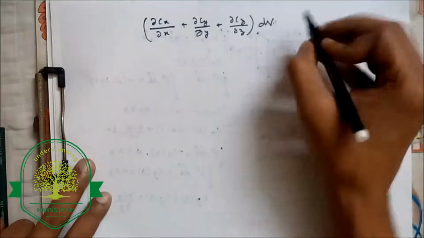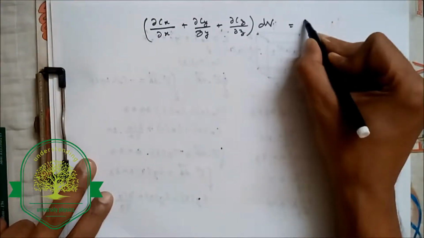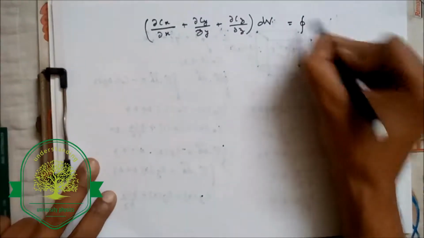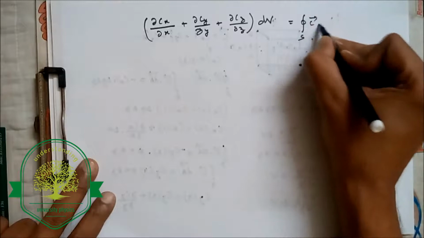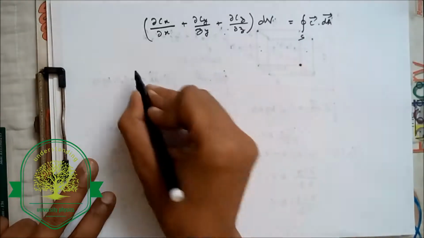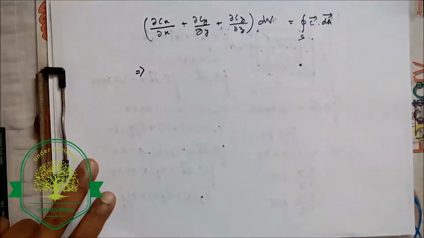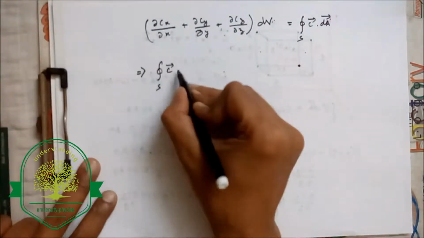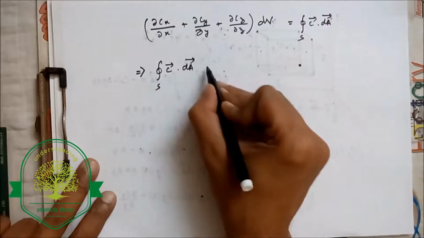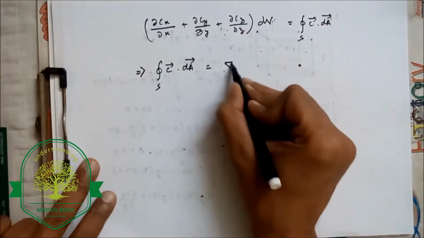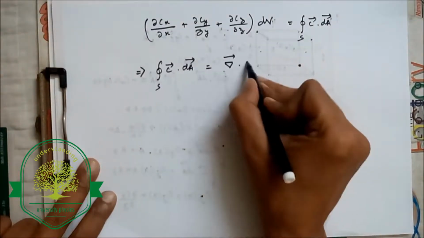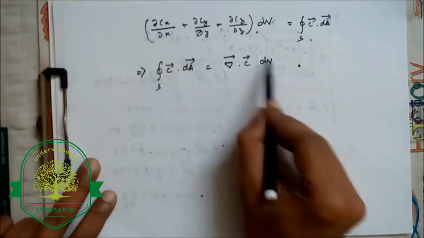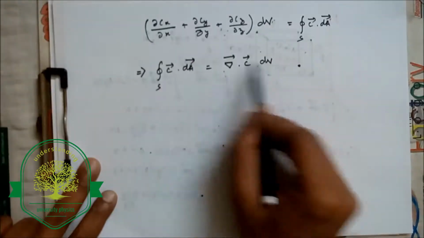So this is our surface integral for the infinitesimally small surface. And this can be written as grad dot c dv. This is just for the small surface.